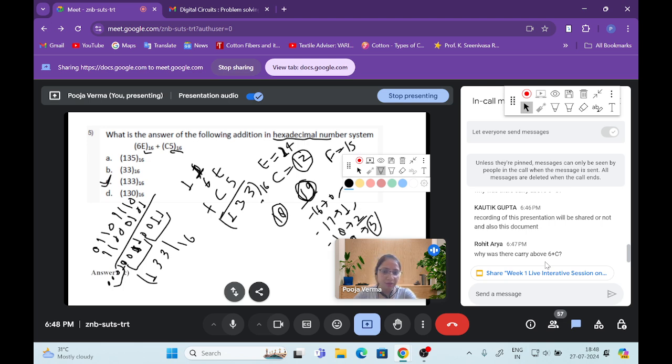When you are adding E plus 5, after 15 we have to start again, so there is a 1 carry, because in hexadecimal there is representation only till 15. For example, in binary if you add 1 plus 1, the result is 10, so you carry forward 1. Okay.